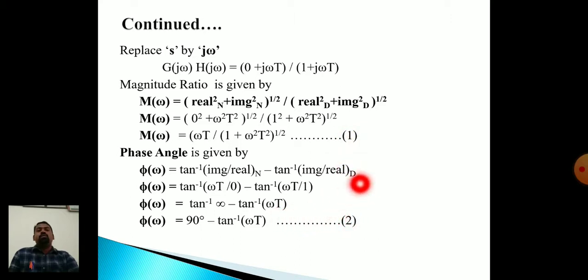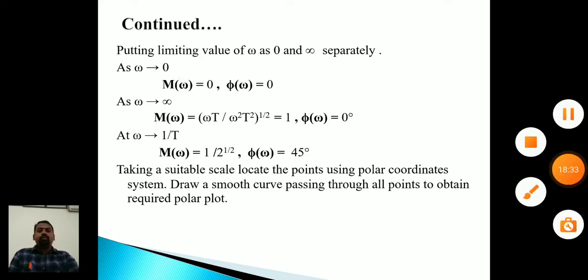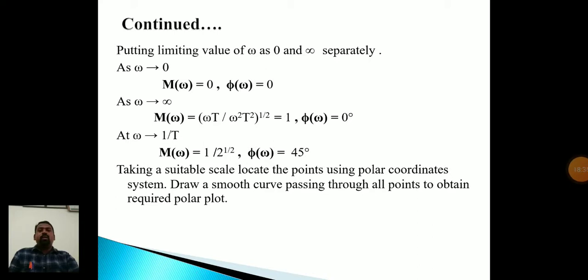Further, substitute the limiting values, omega is 0 and omega is infinity. If you substitute omega as 0, M of omega is 0 and phi of omega is 0, in equation number 1 and equation number 2.